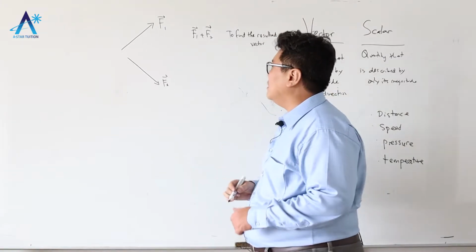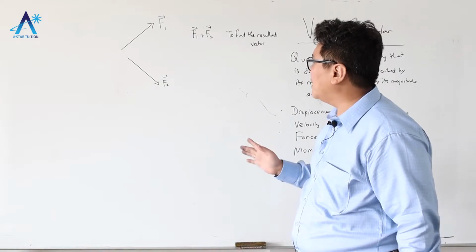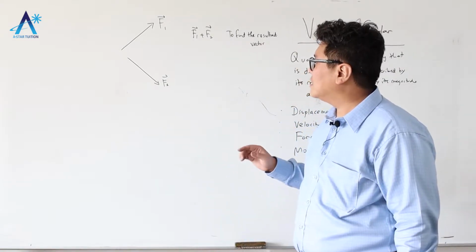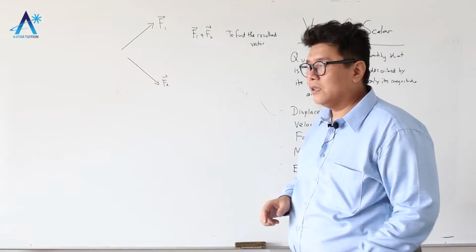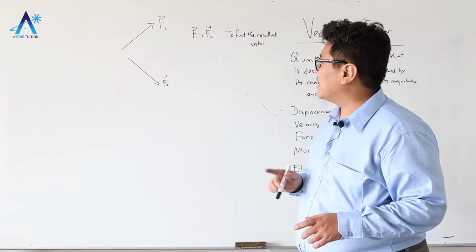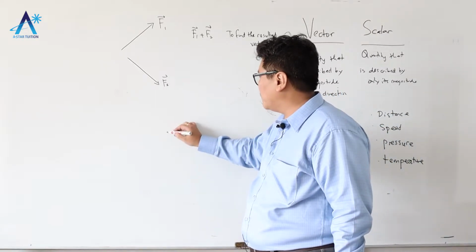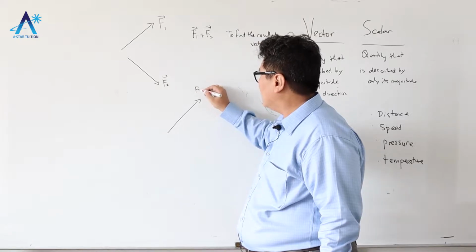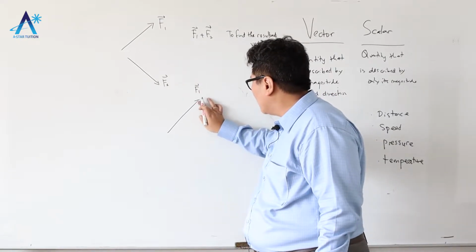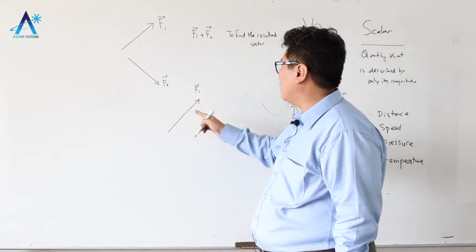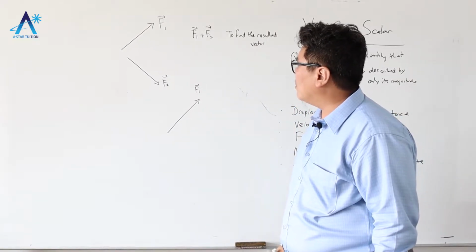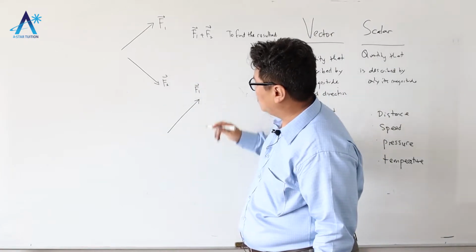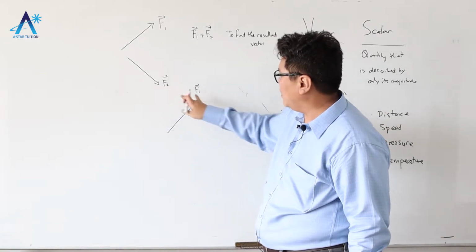The resultant vector can be obtained by several methods. One of the methods is simply graphical. The way it works is like this. First you draw the first vector, F1, and then right on the tip of F1, you draw the tail of the second vector. So you can just displace this vector F2 here.